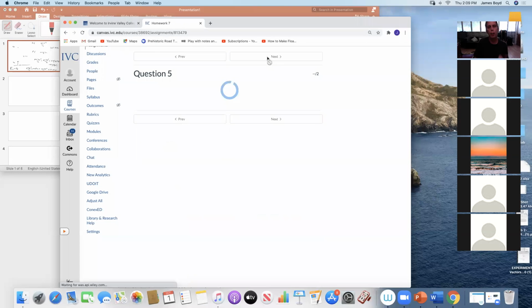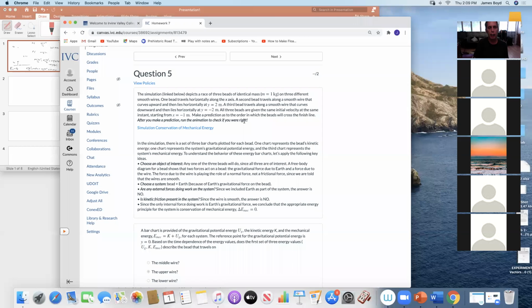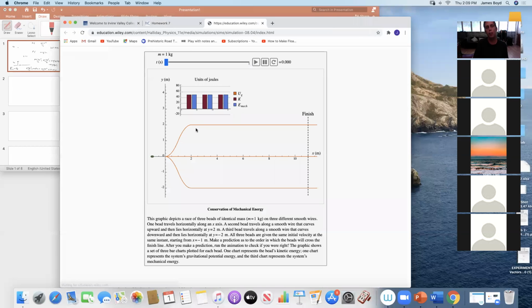Okay. And then 5 is a simulation of 3 beads. And this one I actually really like. It gives you the kinetic energy and the mechanical energy. Mechanical energy is the potential energy from gravity and the kinetic energy added together. So this bead is going to go straight across, and its potential energy of gravity, mgy, is never going to change.